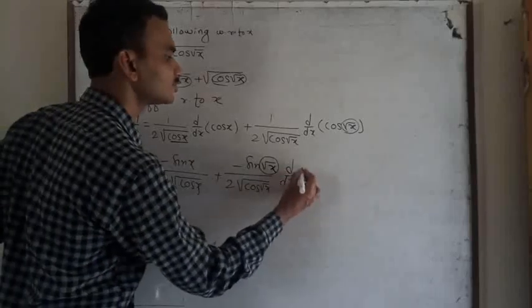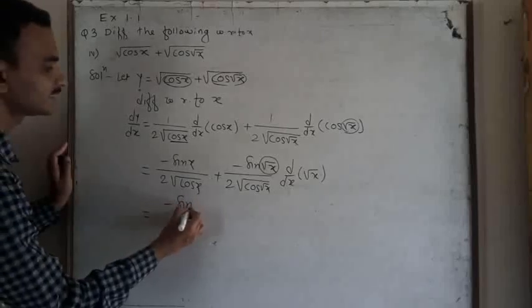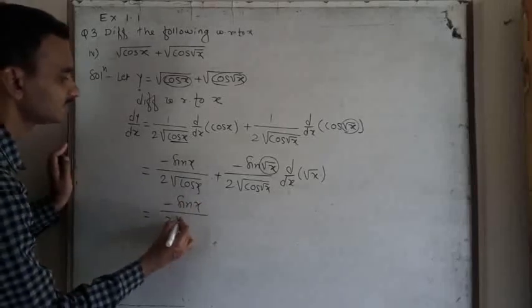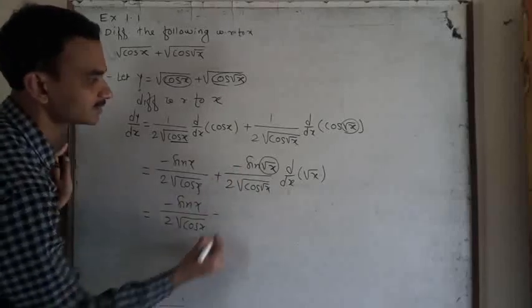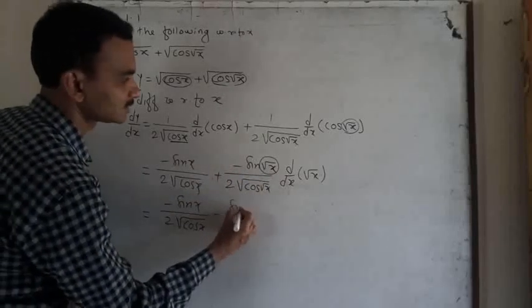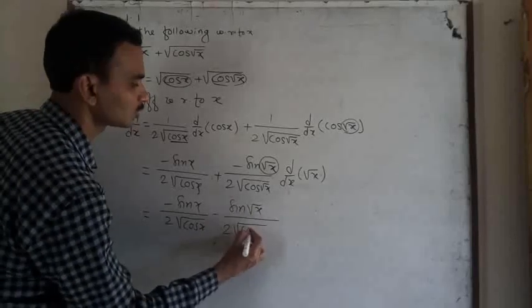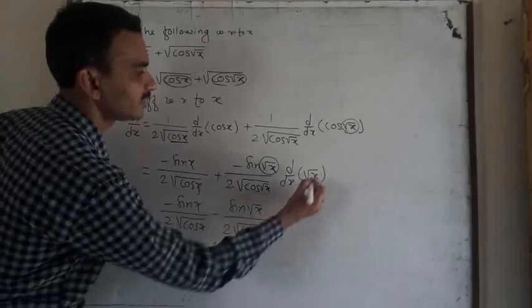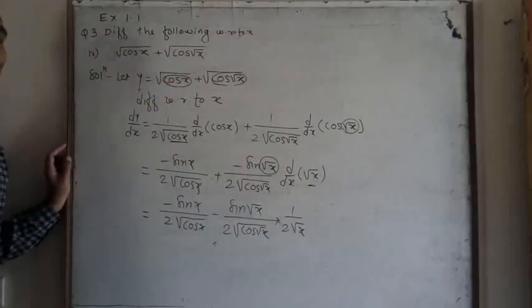Derivative of cos x means minus sine x, but here there is a term in x, so d/dx of this root x. Minus sine, this term, the first term is as it is, cos of x, and sine of root x upon 2 under root cos of root x, and the derivative of root x is 1 upon 2 root x.